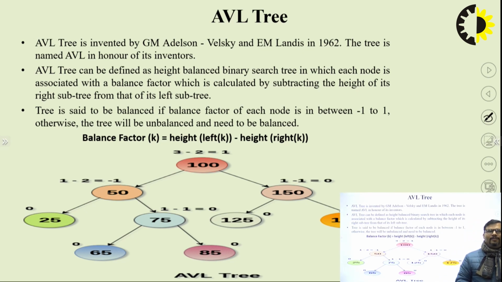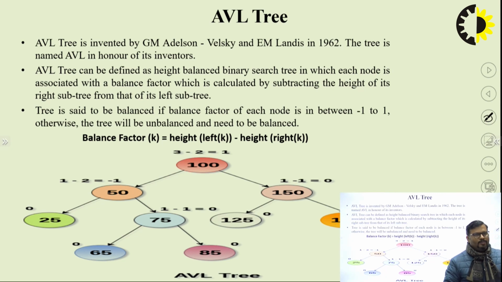Second, an AVL tree can be defined as a height balanced binary search tree in which each node is associated with a balance factor, which is calculated by subtracting the height of its right subtree from the height of its left subtree. First of all, we will find the height of the node, and after that we will consider the balance factor.